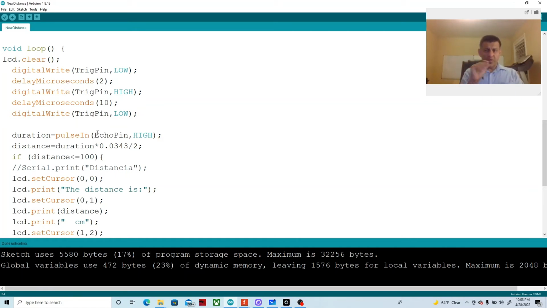Then we come to the next line and we say the distance divided by 2. Why? Because to get the total distance, we got a signal coming from the sensor to the object, and then it's bouncing back.